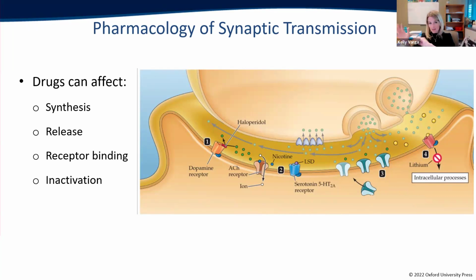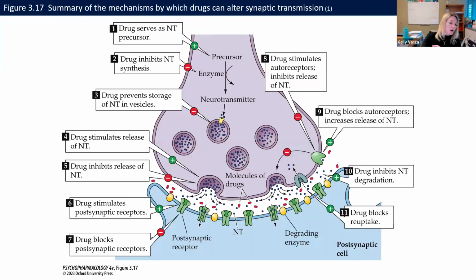It's shutting down that signal. All I want you to get from this is, maybe I say, out of the 11 examples we're given, give me 2 to 3 different mechanisms in which drugs can alter synaptic transmission.